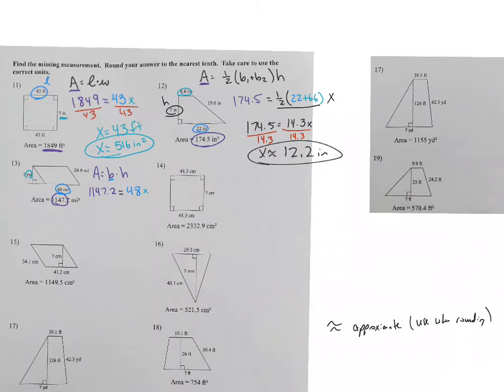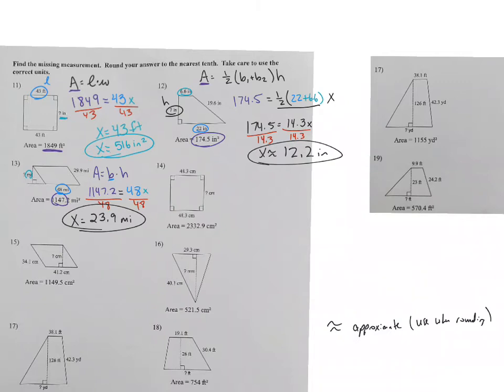Now I'm just going to divide both sides by 48. So x is equal to 1,147.2 divided by 48. I end up with x equals 23.9. And remember, it's just miles.